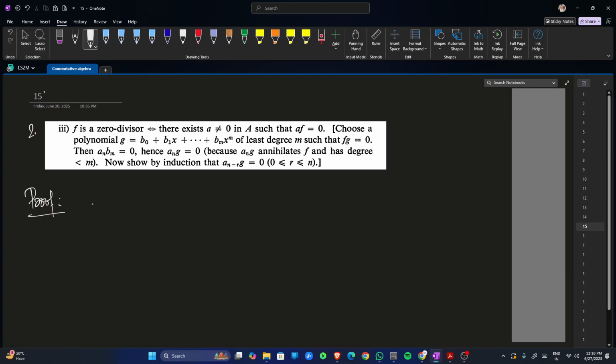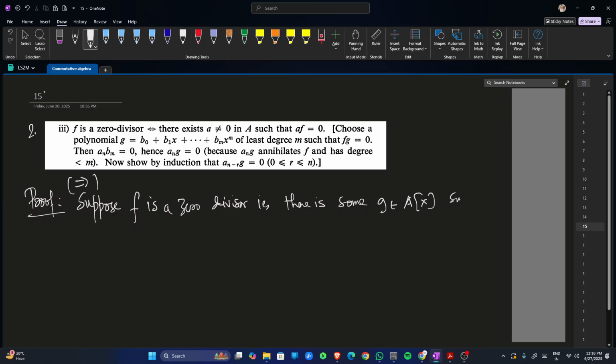Okay, so suppose f is a zero divisor, that is, there is some g belongs to A[x] such that fg equal to 0.